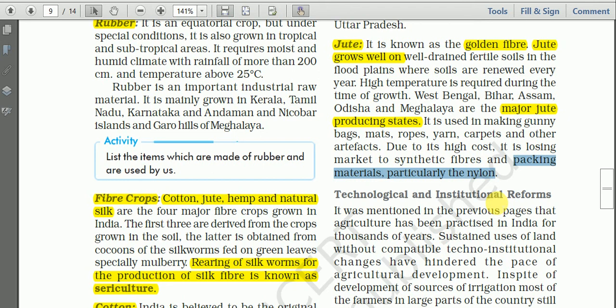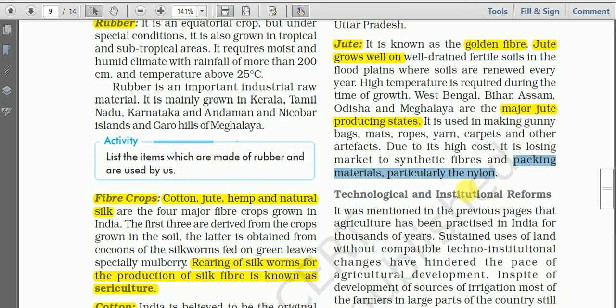But this is costly, so it is competed against by synthetic fibers like nylon, which is cheaper. And for packing materials also, jute bags are costlier than plastic bags. So in this way jute industries are facing competition in the international market.